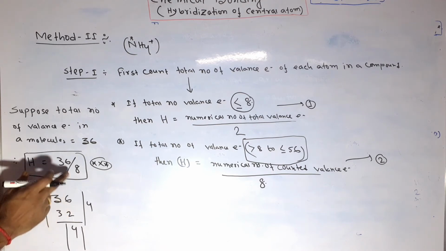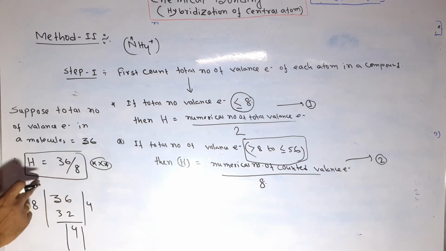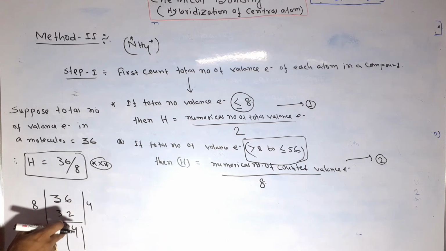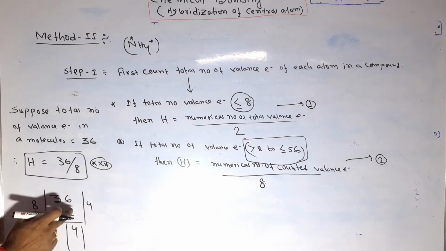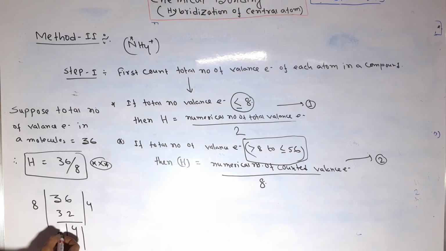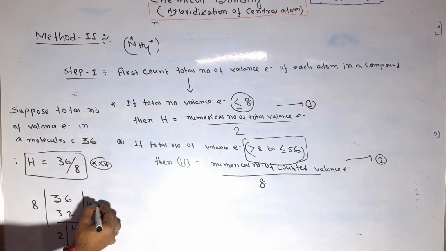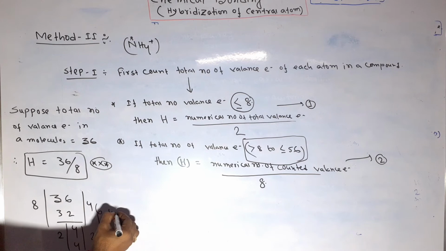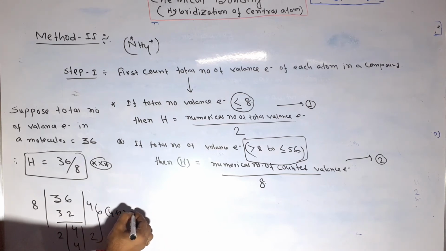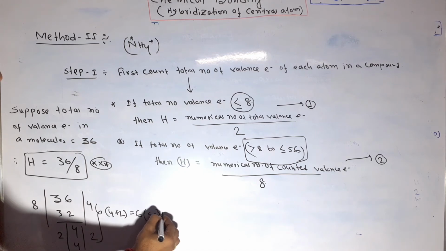Always keep in mind, this is the special type of division process. The remaining result is always divided by 2, not other numbers. Other numbers are not allowed. So 4 divided by 2 is 2. The two results are added, 4 plus 2, that means 6. So this is the hybridization number, that means sp3d2.